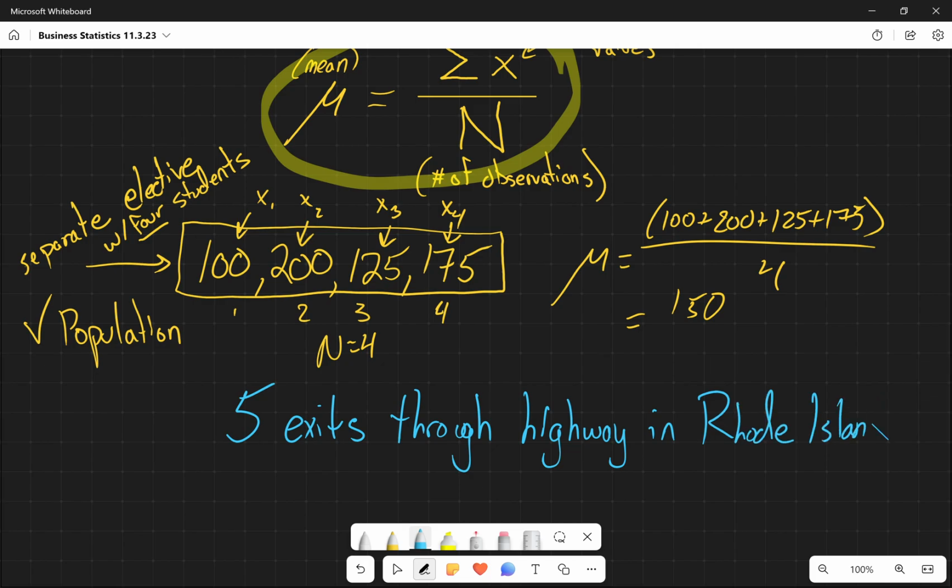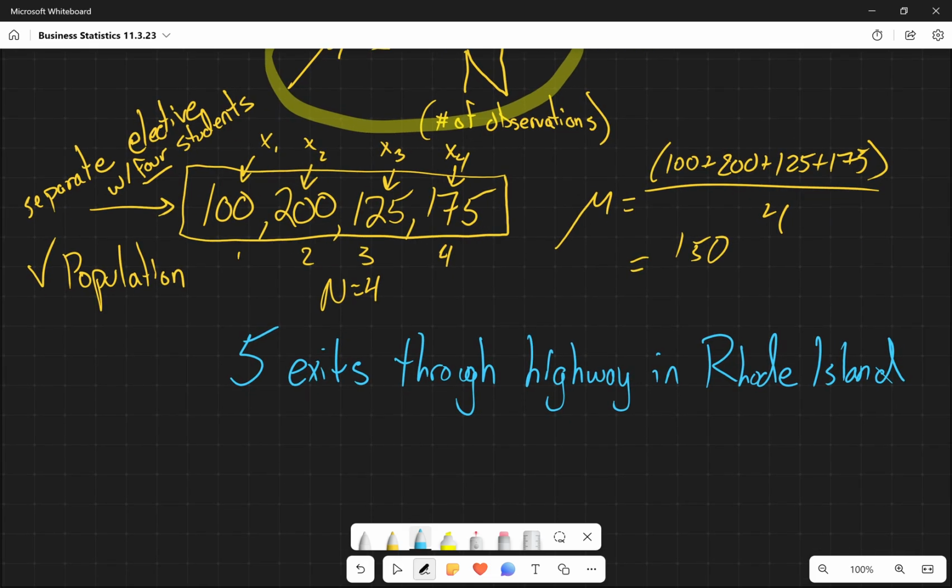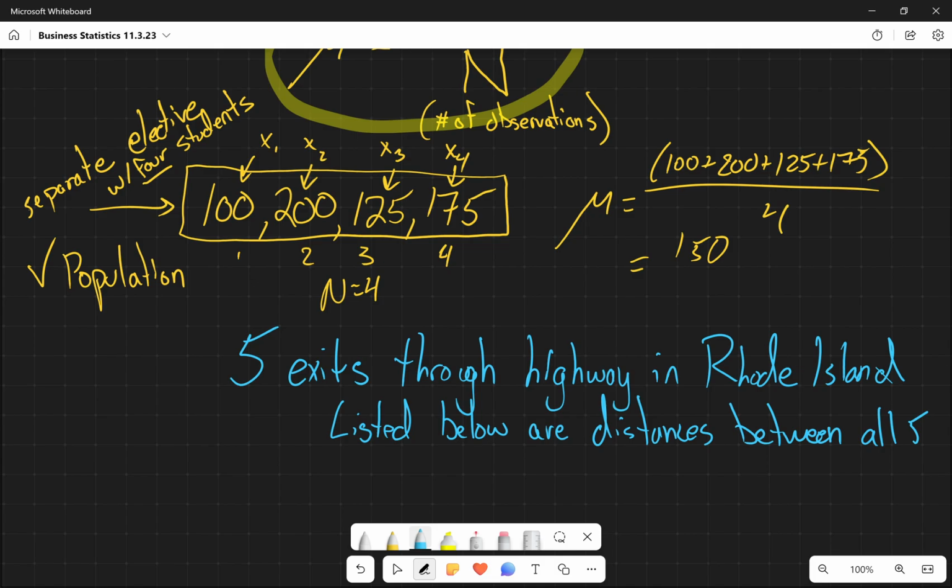Since we have the information on all 5, listed below are the distances between all 5 of those exits. We're given 11, 4, 10, 4, 9.